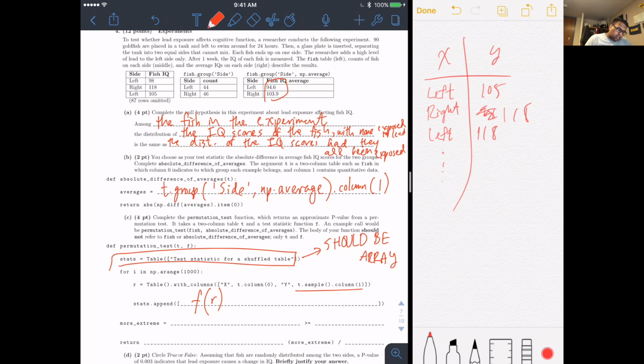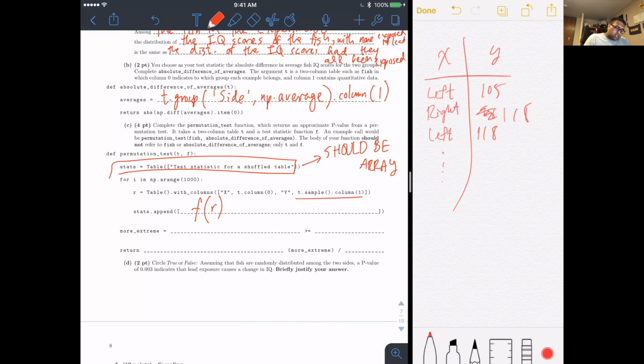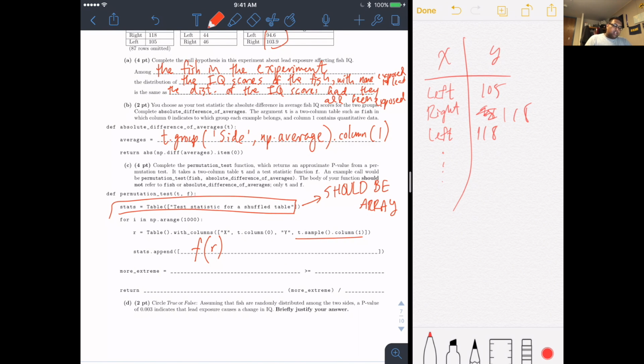And now to calculate our p-value, we need all the times that stats were more extreme than the observed value, right? Because our p-value is always the probability of our observed value occurring, or something more extreme than that occurring, right? So what would that be? In this case, we would want the case where stats.column 0, again, this is kind of weird because of the old syntax, was greater than f of t.